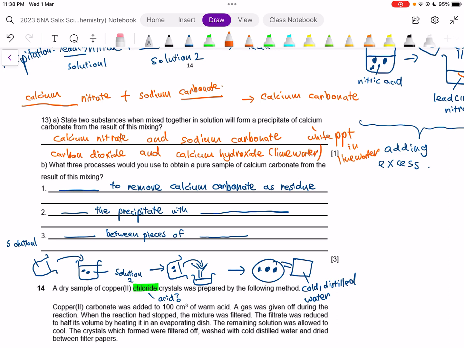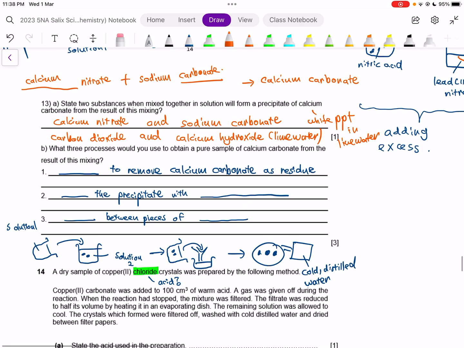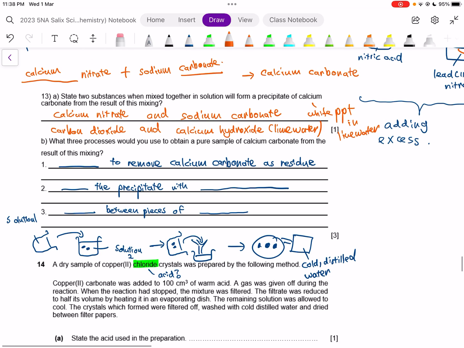Okay, what three processes will you use to obtain a pure sample of calcium carbonate from the result of this mixing? This one is a direct precipitation. So first thing you do is add solution 1 to solution 2.